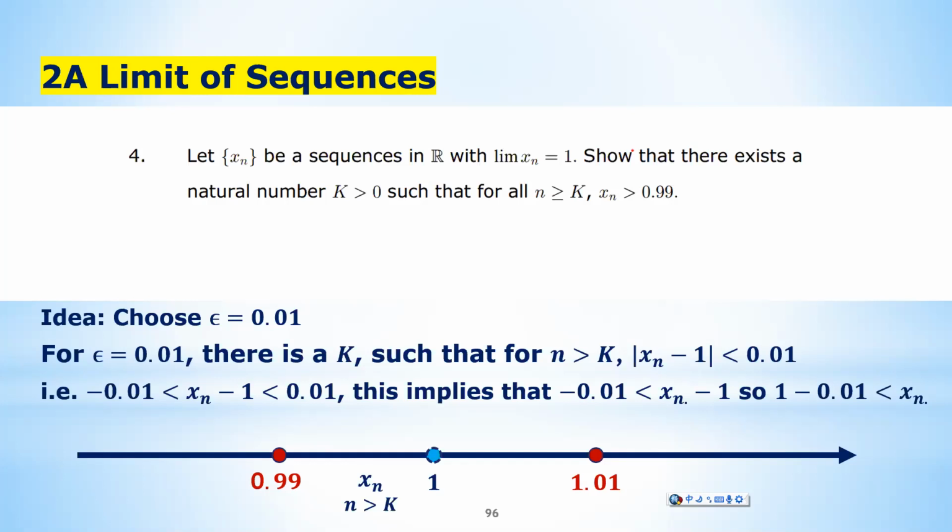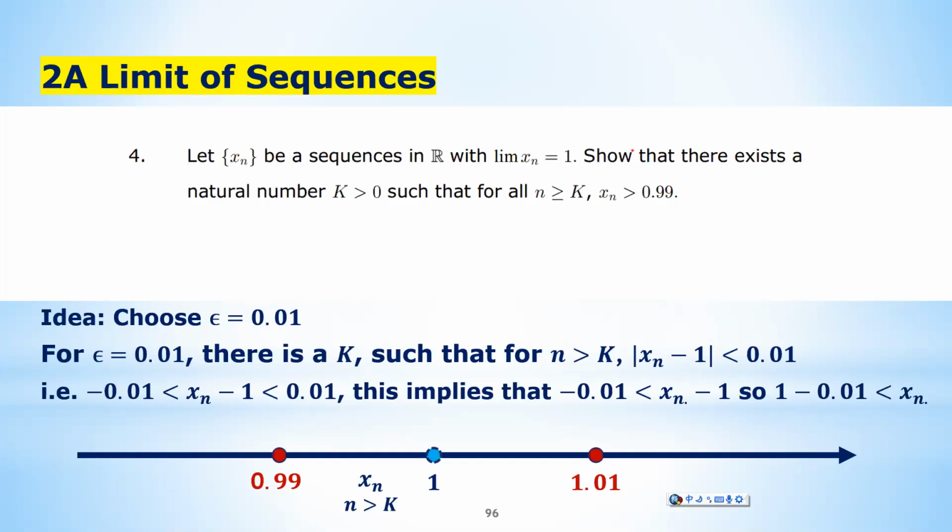How do you use it? You just add 1 to each side. Concentrating on the left inequality, minus 0.01 is less than xn minus 1. Then you add 1 on both sides. On the left side, you get 1 minus 0.01, which is precisely 0.99, less than xn. You immediately get the result.